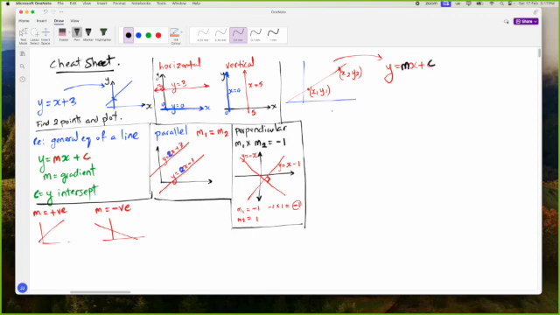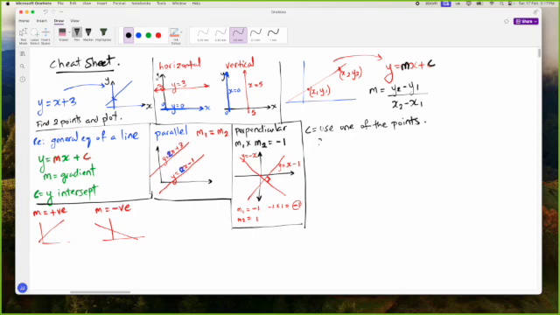So remember, m will be equal to, you have your formula, y2 minus y1 all over x2 minus x1. And to find c, we could use one of the points.